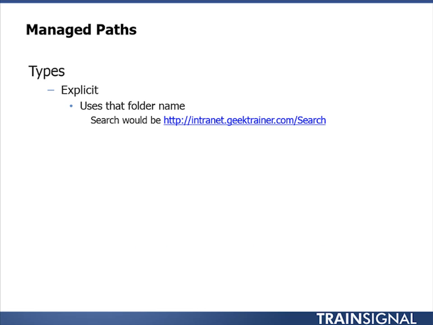With an explicit managed path, what's going to happen is that subfolder name that we create becomes the available name for the site collection. So if I created an explicit path and I called it search, then I could place a site collection at that location, and it would then be, let's say for example, http://intranet.geektrainer.com/search.